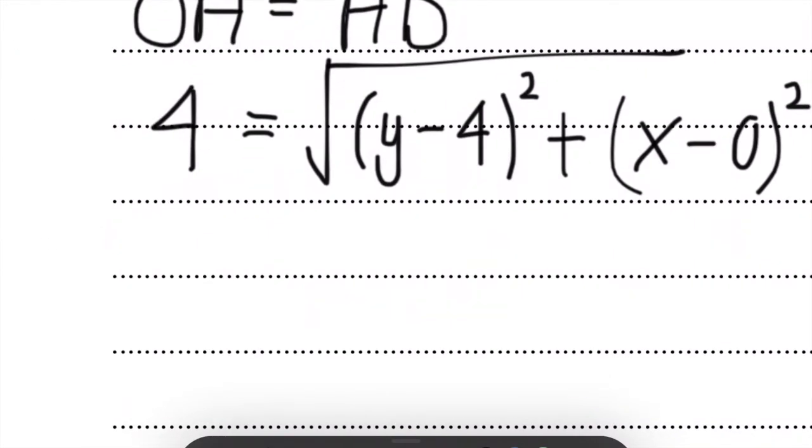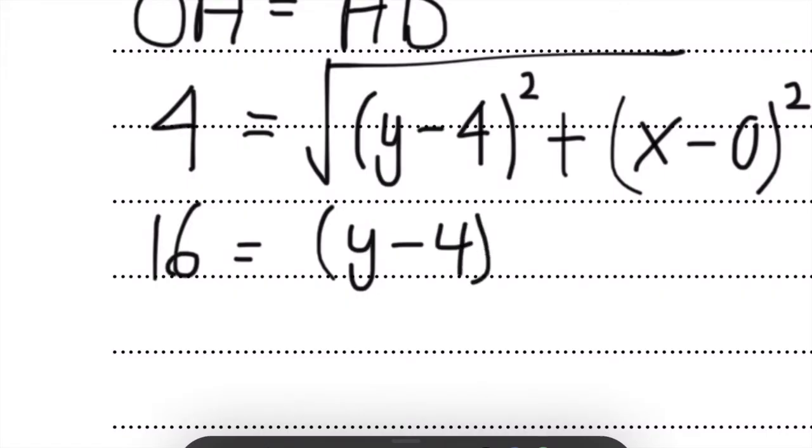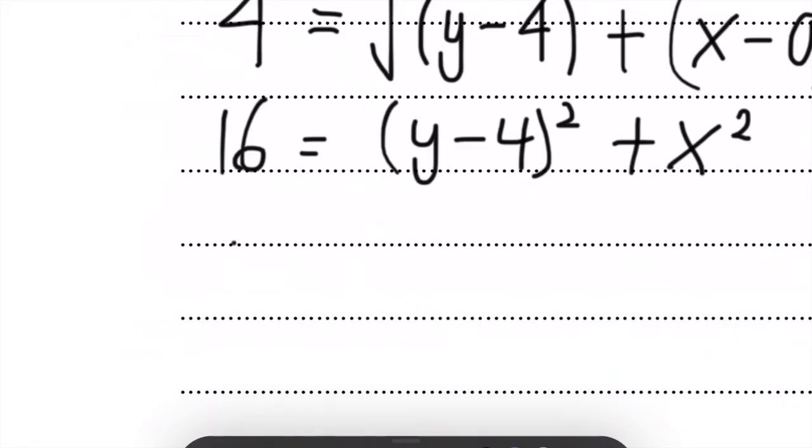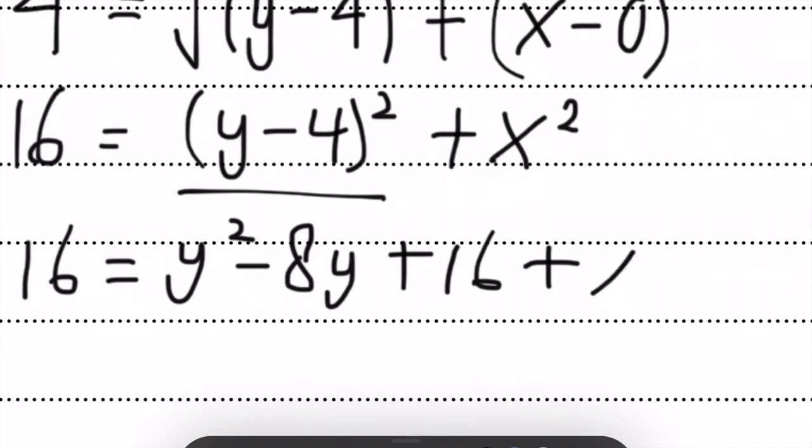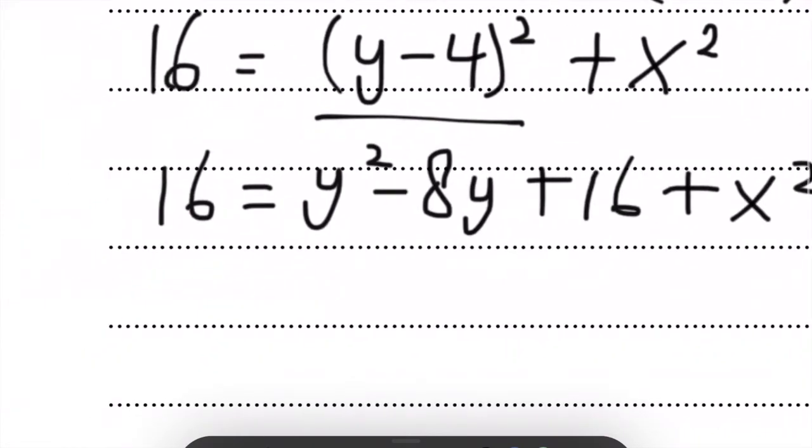You can go ahead and remove the square root by squaring both sides, so we will get 16 is equal to y minus 4 to the power of 2 plus x squared. 16 is equal to, we will expand this, y squared minus 8y plus 16 plus x squared.